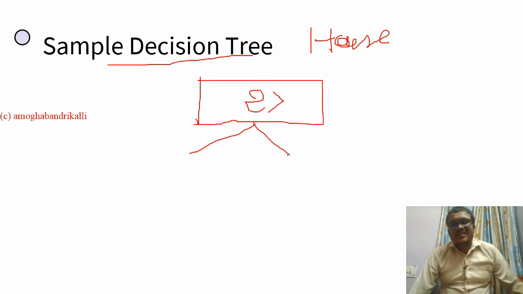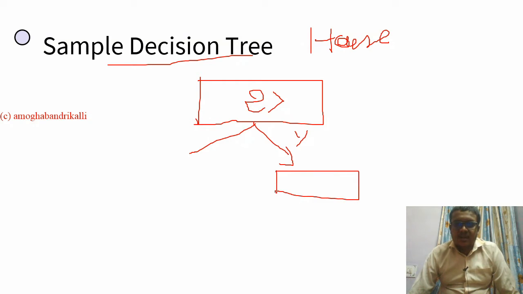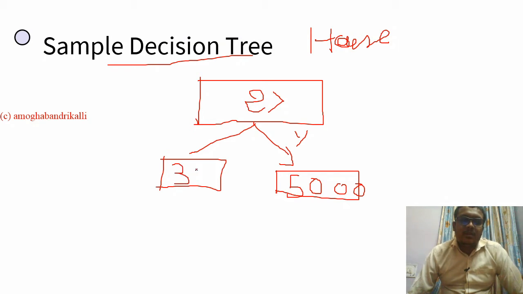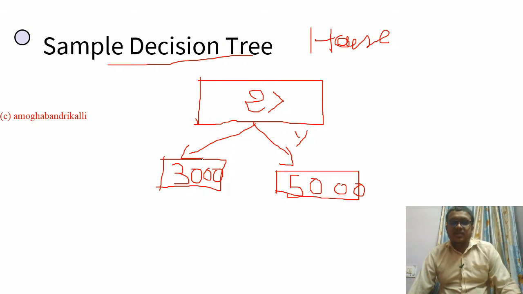It is asking a very simple question. Yes, if it has more than two bedrooms, the cost is around 5,000. I am not giving the exact value, I am just guessing. If it is less than two bedrooms, the cost is 3,000.